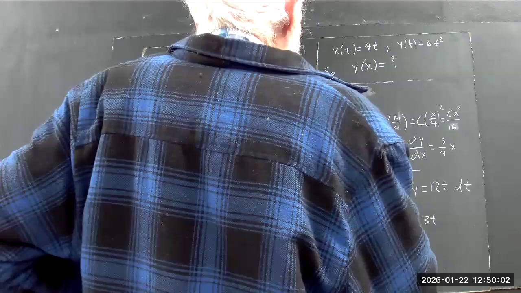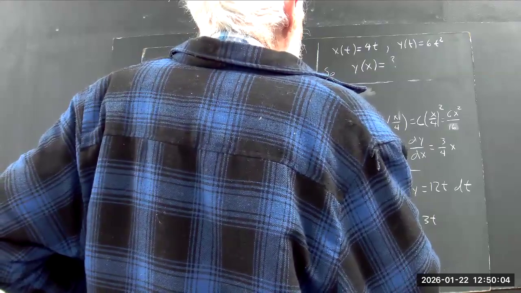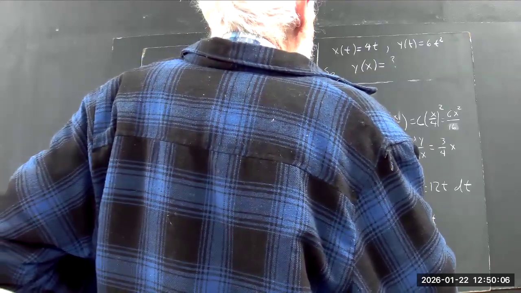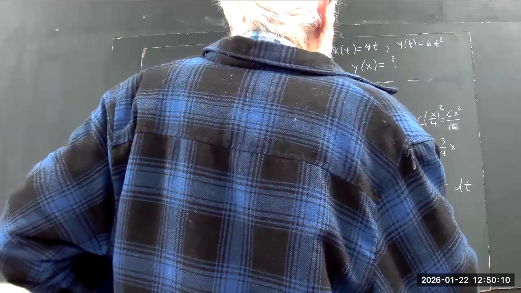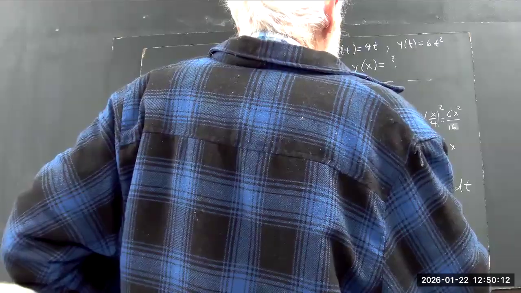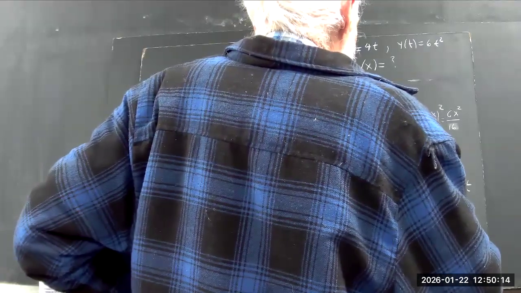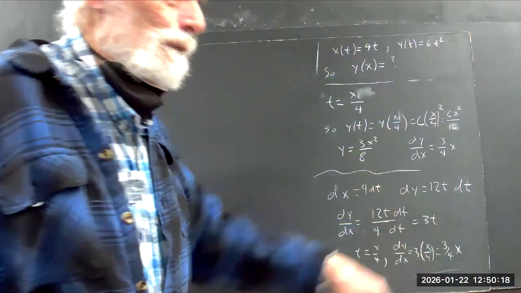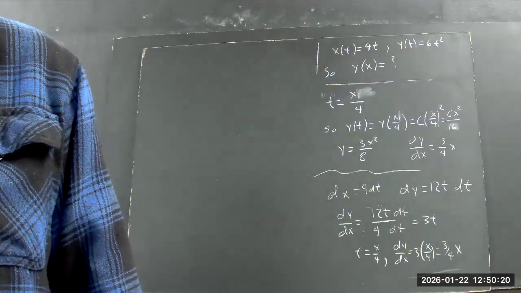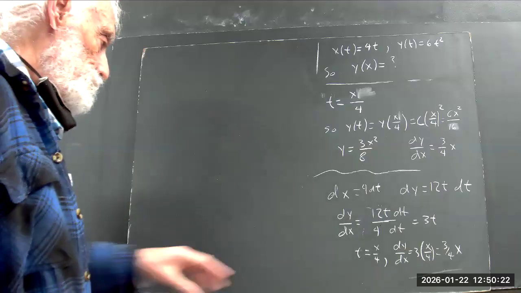And if t equals x over 4, dy dx equals 3 times x over 4, which is 3/4 x, which is what I was trying to show, right? Okay. All right. Sorry for the confusion.